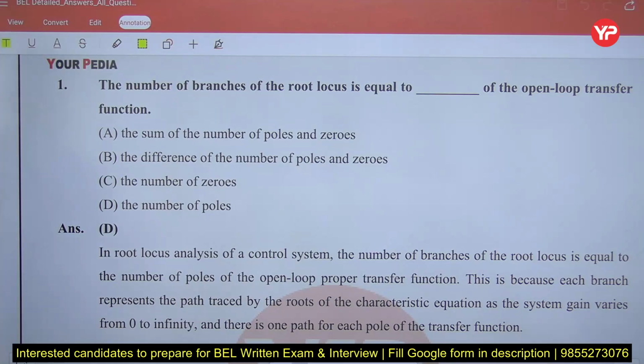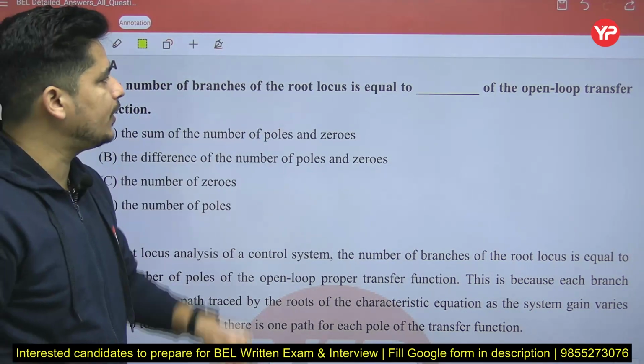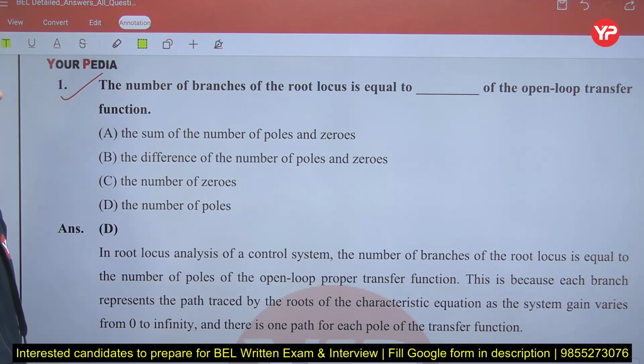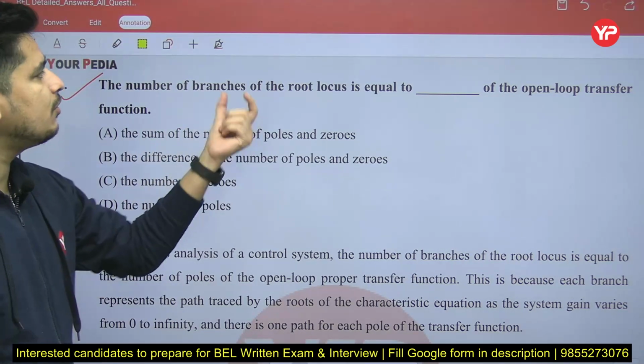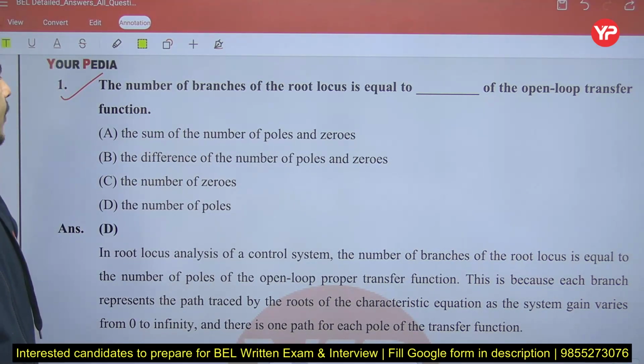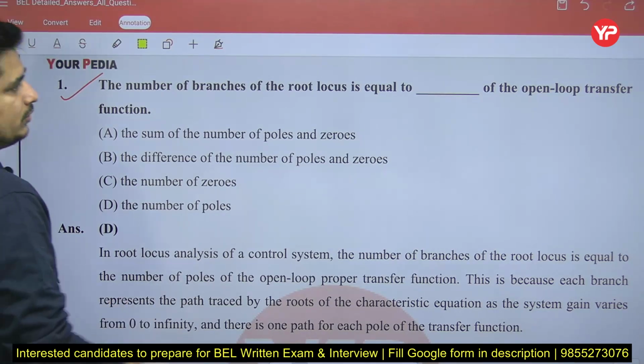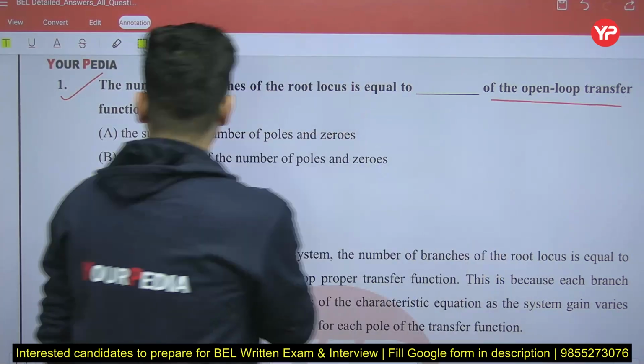First, we will start with the question: the number of branches of a root locus is equal to what, of an open loop transfer function?